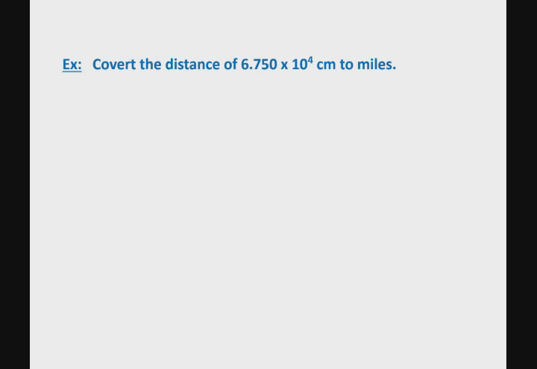Okay, so here's a problem where we need to convert 6.750 times 10 raised to 4 centimeters to miles. So how do we do that? Now, almost all the time there is more than one way of solving a problem. There is generally more than one path, and they're all correct.